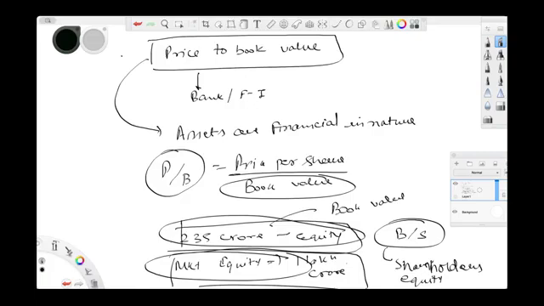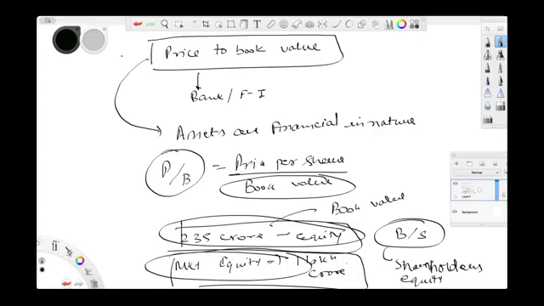So a bank's assets and liabilities are at a very fair value. There is not much deviance because assets are financial in nature. A bank's balance sheet consists mostly of financial assets and liabilities, either loans, deposits, or investments. They are regularly marked to market or carried close to fair value. Most of the assets are marked to market.